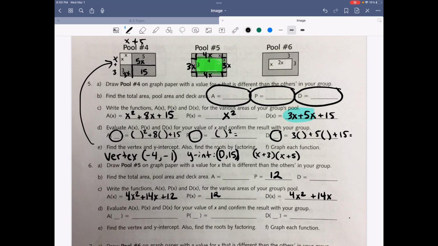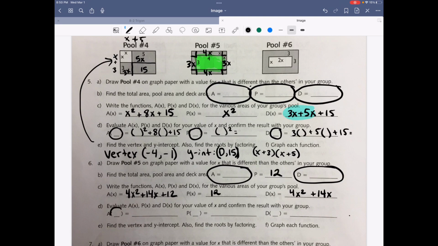For this piece up here, to find your deck and your area, you have to figure out what your x is. So if it's 5, then it'd be 5 by 5 times 4, and then you'd have a 3 by 5, 3 by 5, a 4 by 5, and a 4 by 5 to figure out your total area and your decking piece.